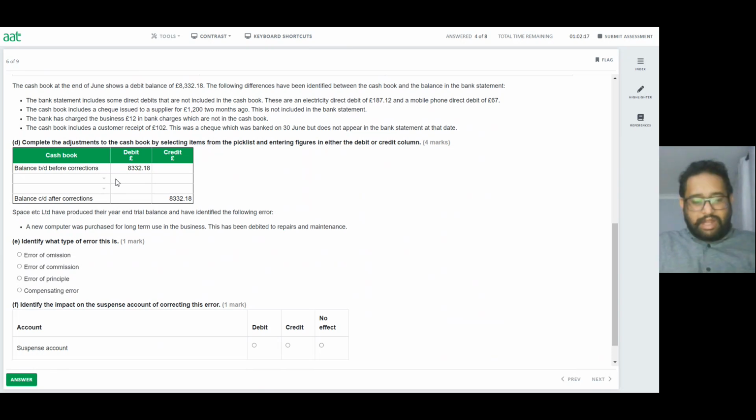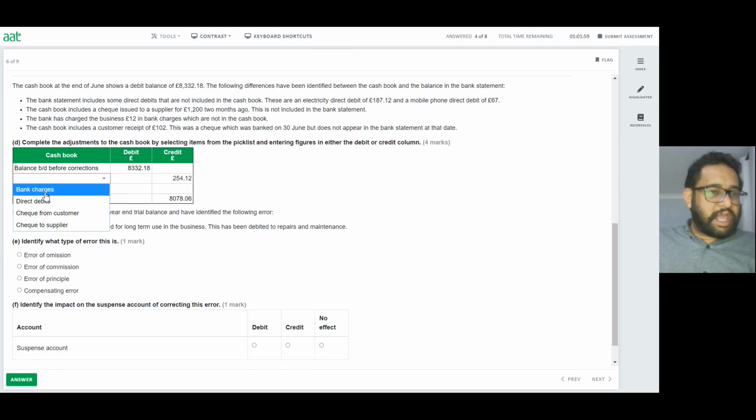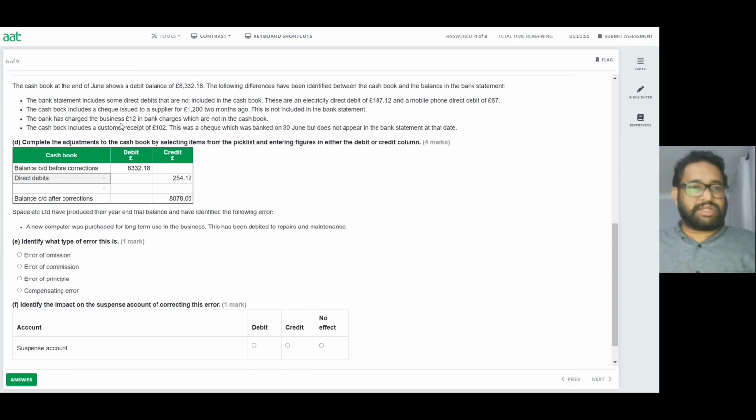So if I add these two payments, £187.12 plus £67, it gives me a value of £254.12. So this one will be going here, £254.12, and here we're going to say these are the direct debits.